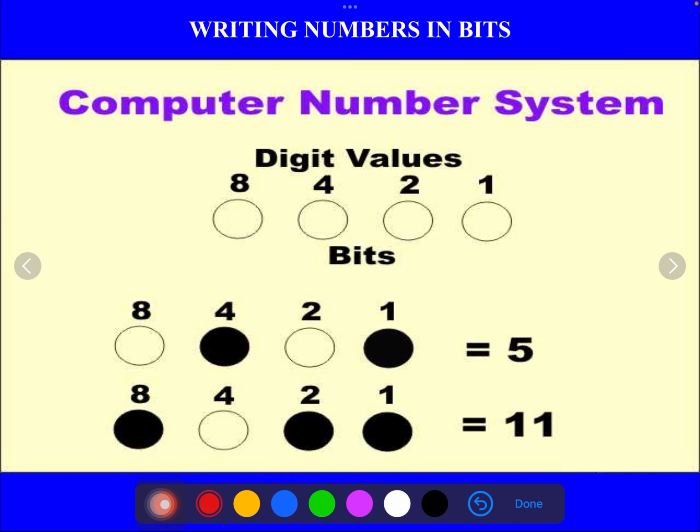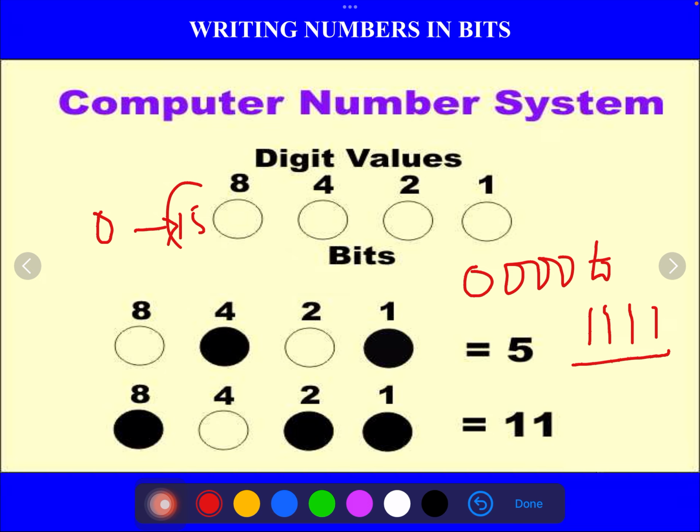So how do you write numbers in bits? To represent a number digitally, use a combination of bits. For example, using 4 bits gives up to 16 different values, from 0, 0, 0, 0 to 1, 1, 1, 1. That indicates values from 0 to 15, so 16 values.